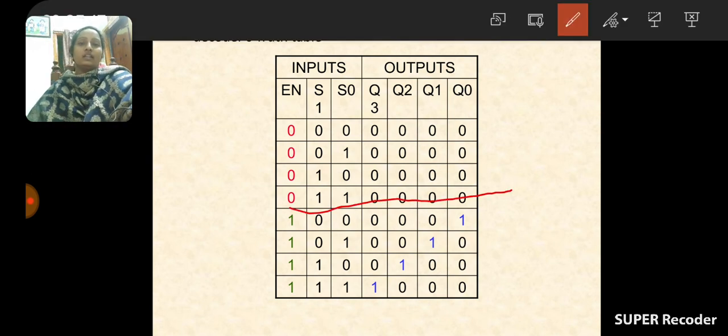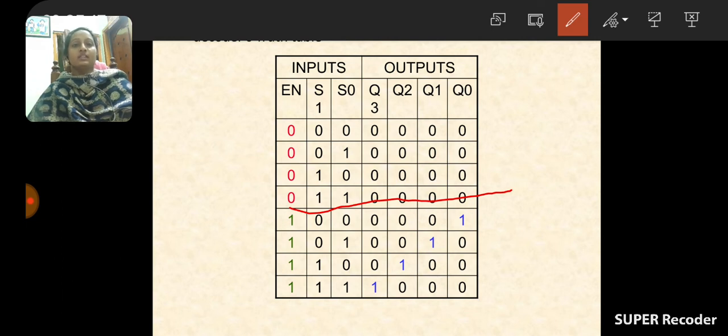Coming to the next ones, if enable is equal to 1, the selecting lines are 0 0, 0 1, 1 0, 1 1. If enable is equal to 1 and the selecting lines are 0 0, the output is transferred through bit Q0.